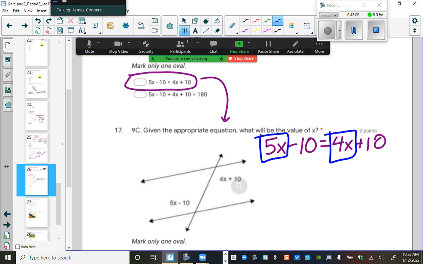However, if you do this problem, it's actually not that bad. It's only going to be 2 steps at most. Be careful. Be careful with that one.